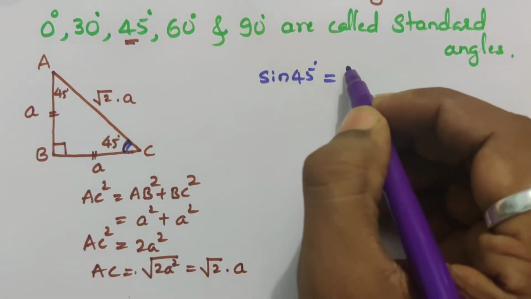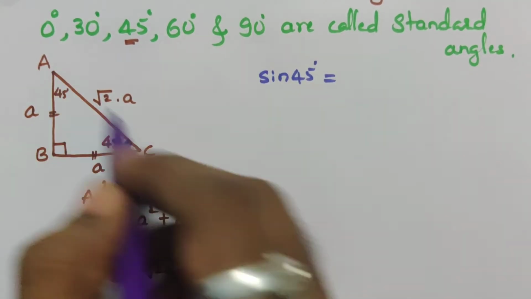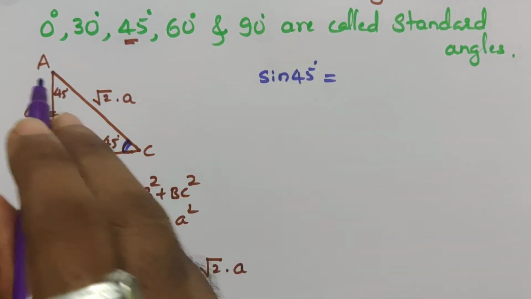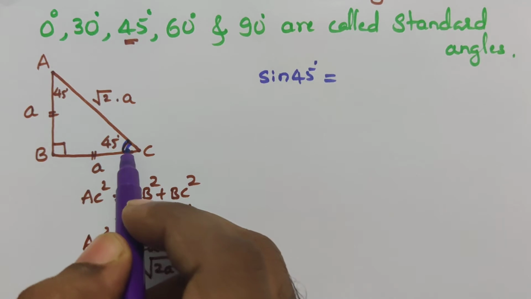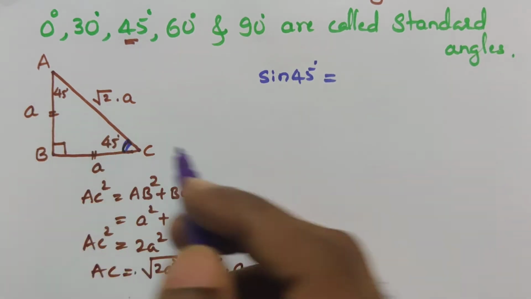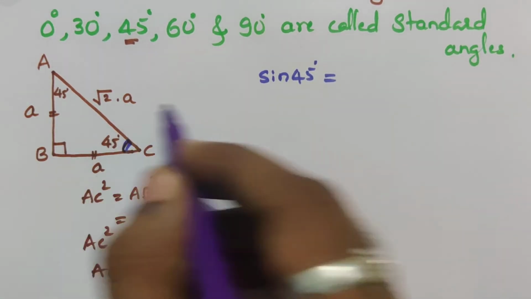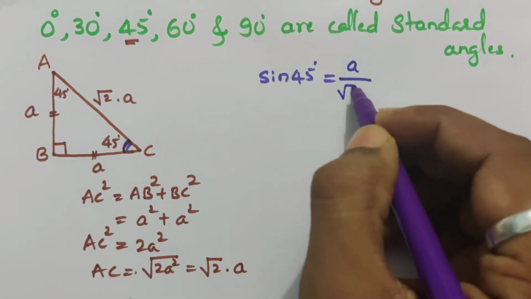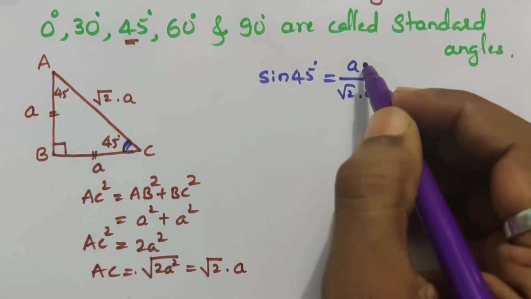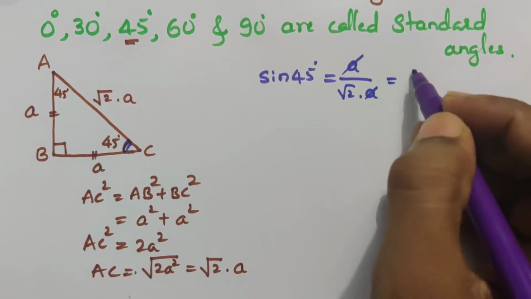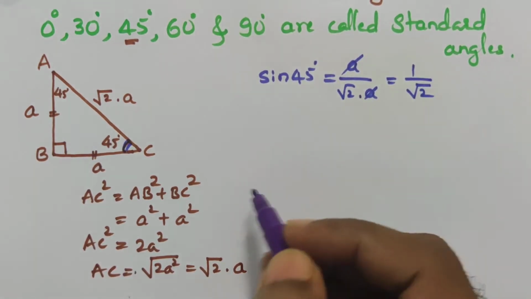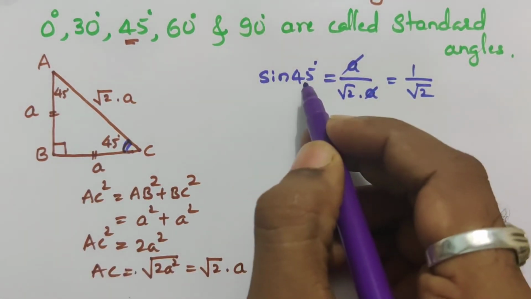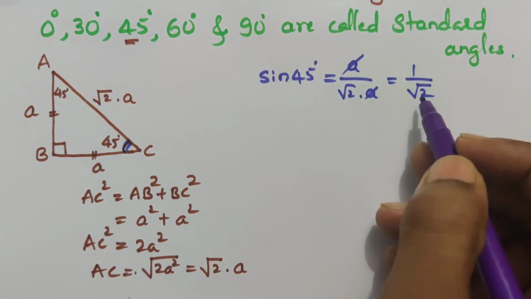Sine 45 means opposite by hypotenuse, so opposite is A, hypotenuse is root 2 A. A cancels and you get 1 by root 2. So sine of 45 degree is equal to 1 by root 2.